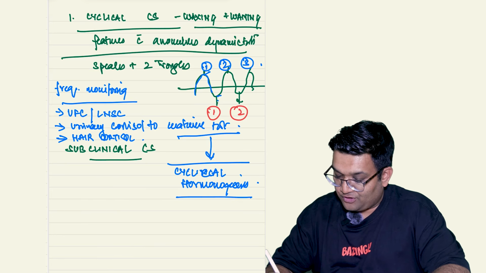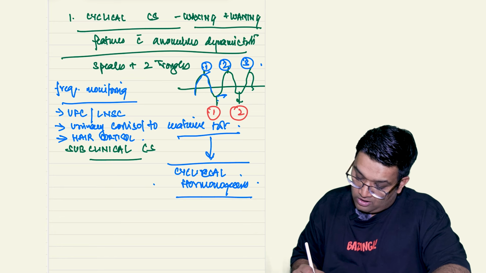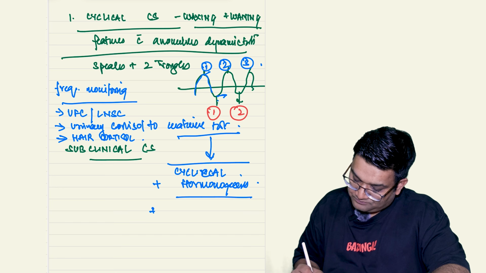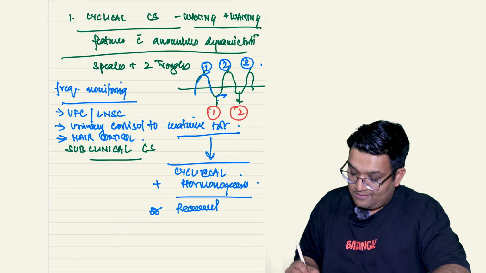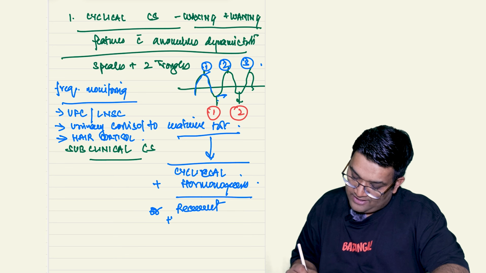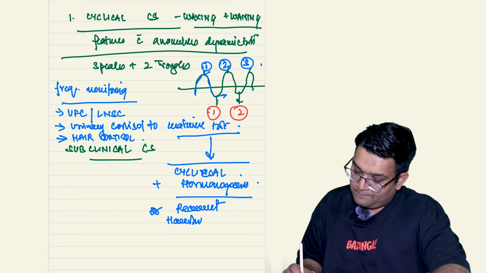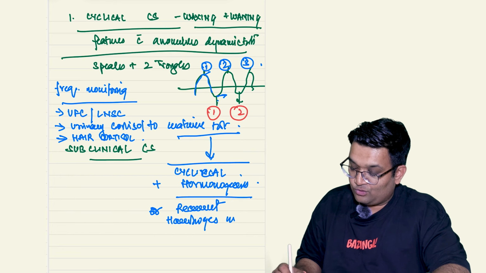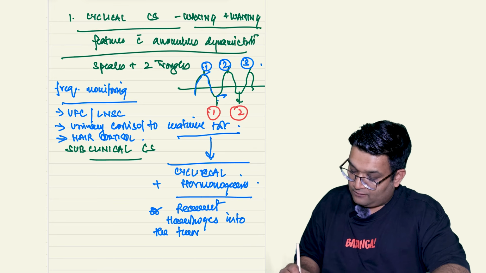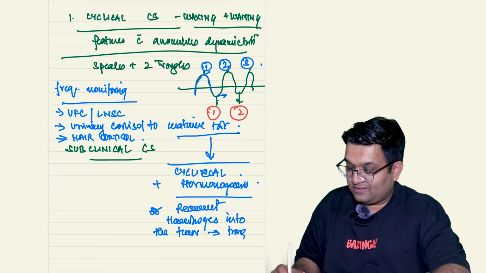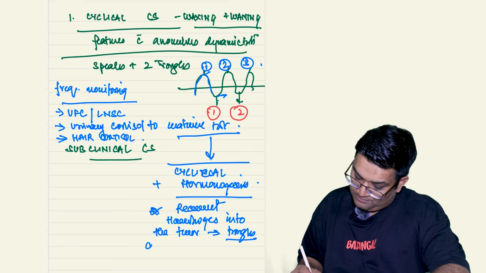There is a reduction, so there may be a trough, or there can be recurrent hemorrhages into the tumor, causing the troughs and peaks.